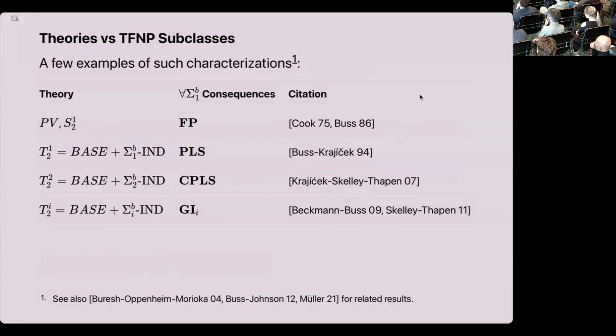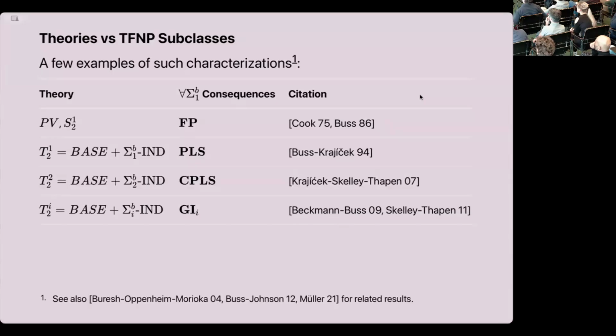Okay, so let me give a couple of examples of these characterizations. If you start with just a base theory like PV, then the consequences are going to be exactly the things that are computable in FP. And if you start walking up this T_i hierarchy, by adding in induction on these sigma B_i predicates, then you start capturing actually interesting TFNP subclasses.